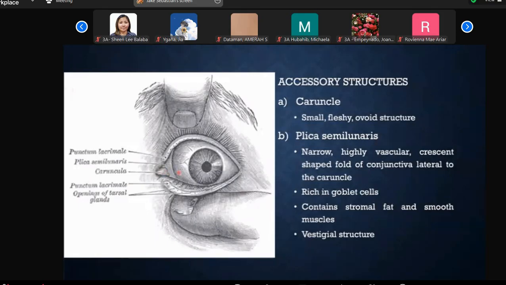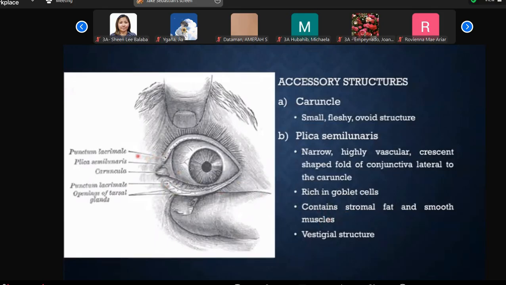This is a vestigial structure, reminiscent of the third eyelid of reptiles. If you see that thin fold in snakes and frogs, this is the equivalent in mammals, the plica semilunaris. It says here it's also rich in goblet cells.